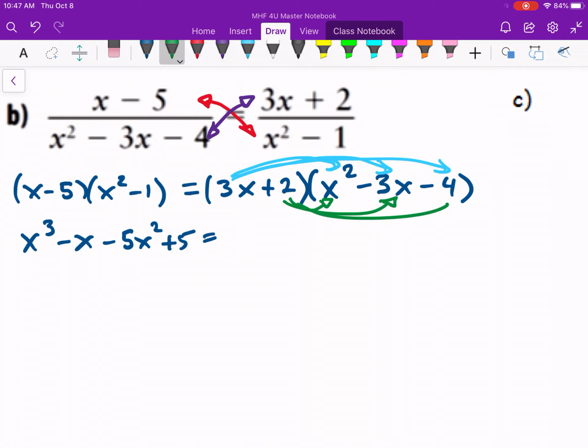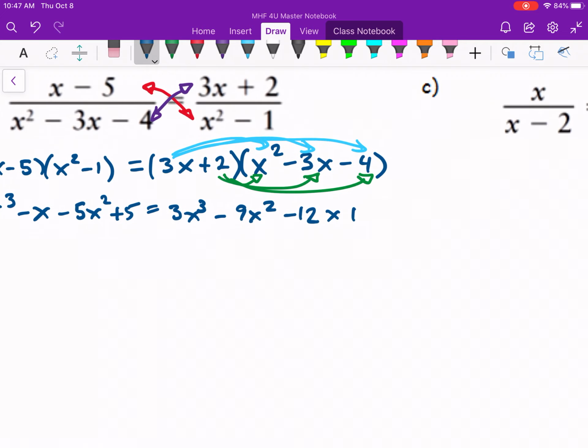So multiplying each term by each term in the other bracket, I'm going to do 6 multiplications. And so I'll end up with 3x cubed minus 9x squared minus 12x. Then go back to do the 2, and I get plus 2x squared minus 6x minus 8.